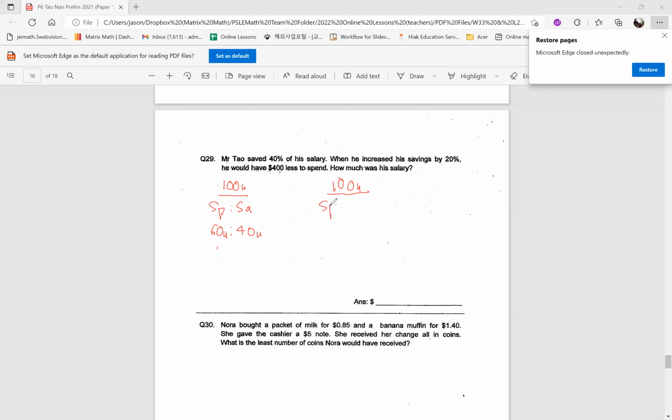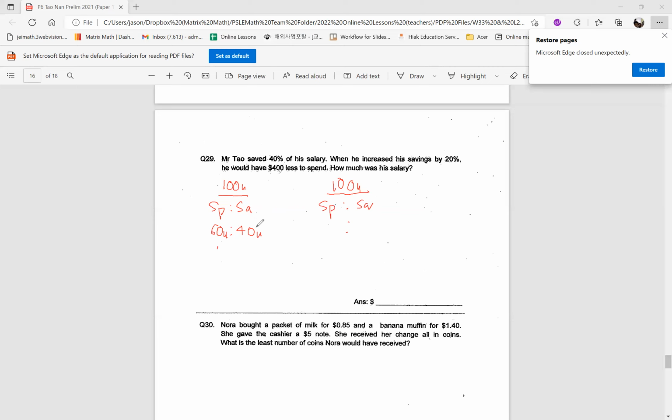Now the only change is that the savings percentage changes, right? So savings is now increased by 20%. Increased by 20% is not 40 plus 20. It is 20% more on this 40. You understand what I'm talking about? Increase his savings by 20%. This saving is 40 units, right?